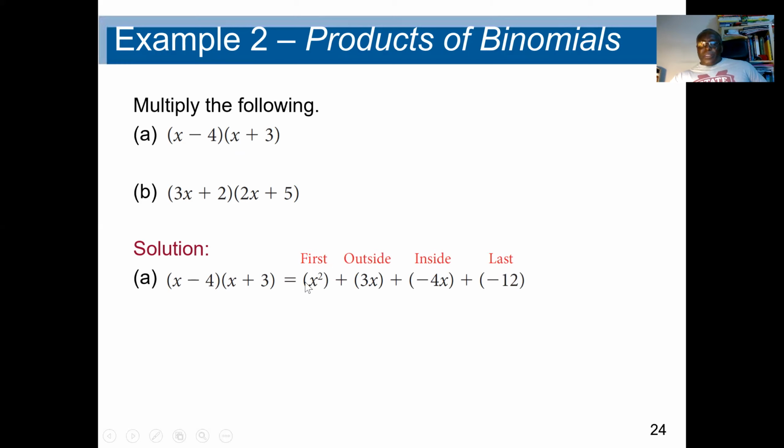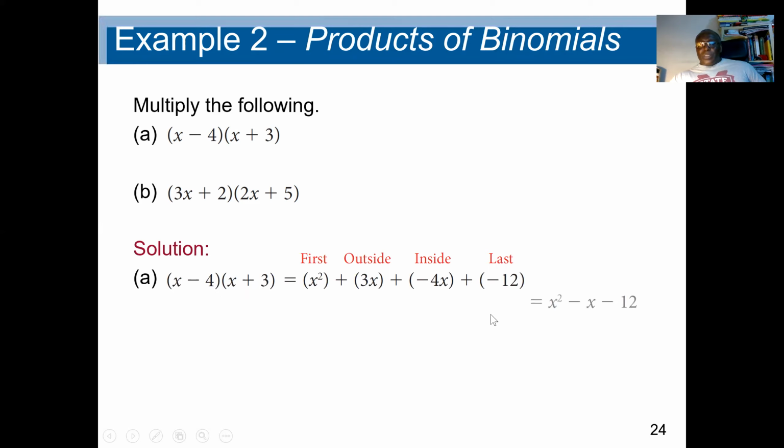The first term is x squared because x times x. Outside is x times positive 3, 3x. Inside is negative 4 times x. We should be careful with the sign also, since negative 4 and positive x give me negative 4x. And the last term, negative 4 times positive 3, will give me negative 12.